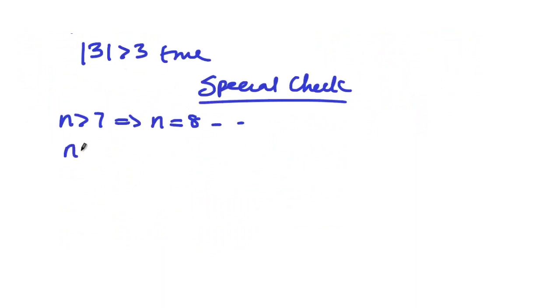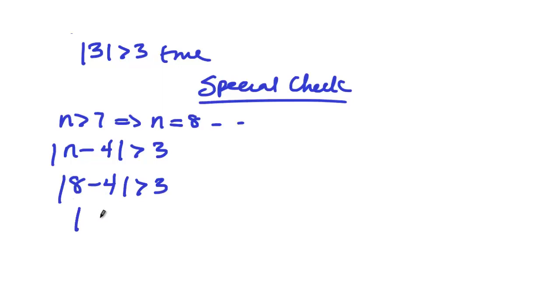In this case, we take n to be 8 because it must be greater than 7. So we have 8 minus 4 is greater than 3. 8 minus 4 is 4, which is greater than 3. So this is true, because the absolute value of 4 is still 4, and 4 is greater than 3.